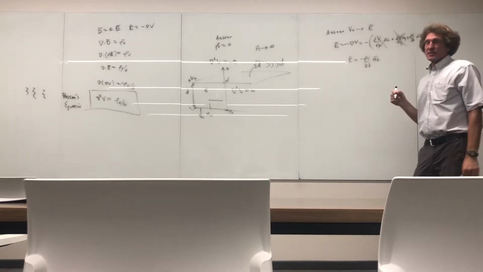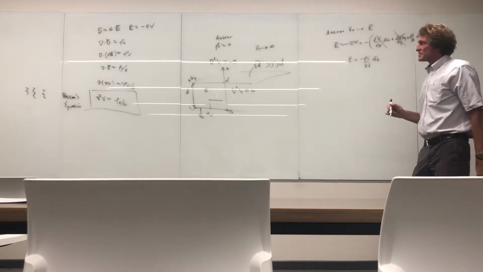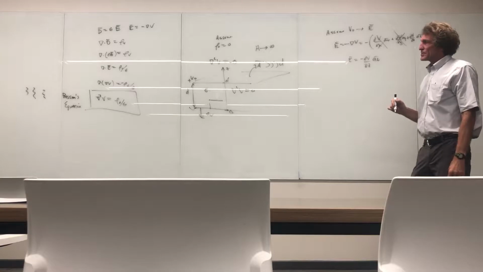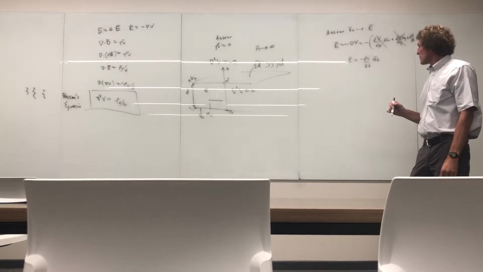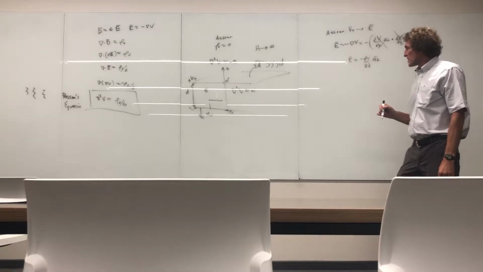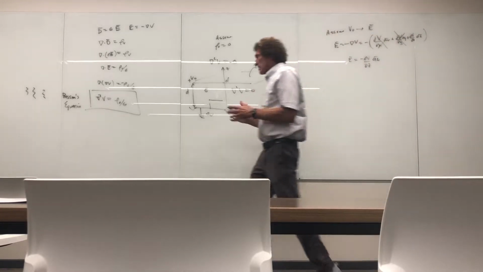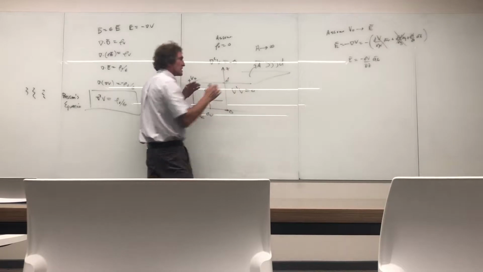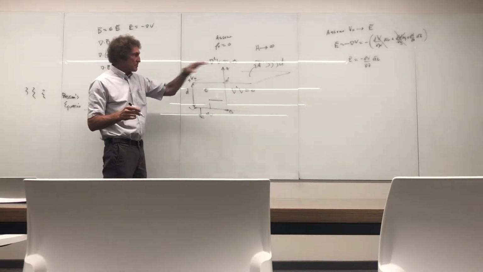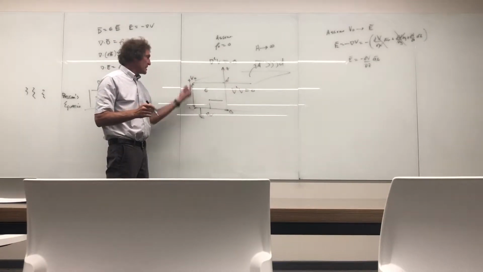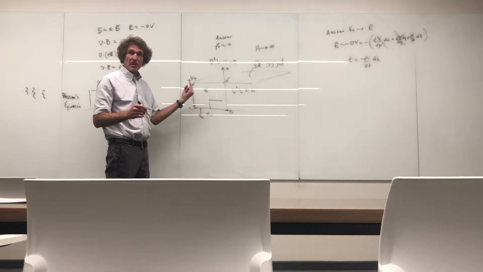Here's the next thing I'm going to do. This one stretches your confidence in the simplicity of some of this stuff. I look at something that has an infinite extent in the horizontal plane, two parallel plates. The only change in voltage is going up, right?